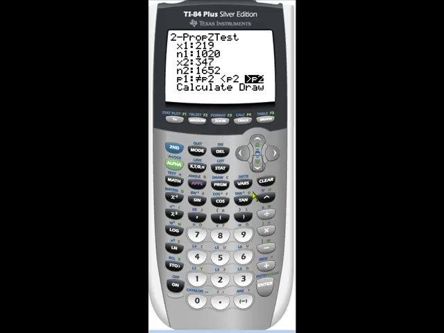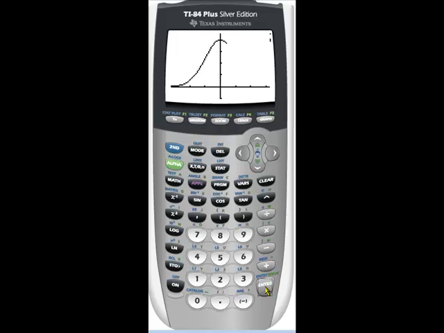And N2 is also 1,020. Now this is a two-tailed test, so we choose that P1 is not equal to P2, and then we'll draw to get the test statistic and the p-value.